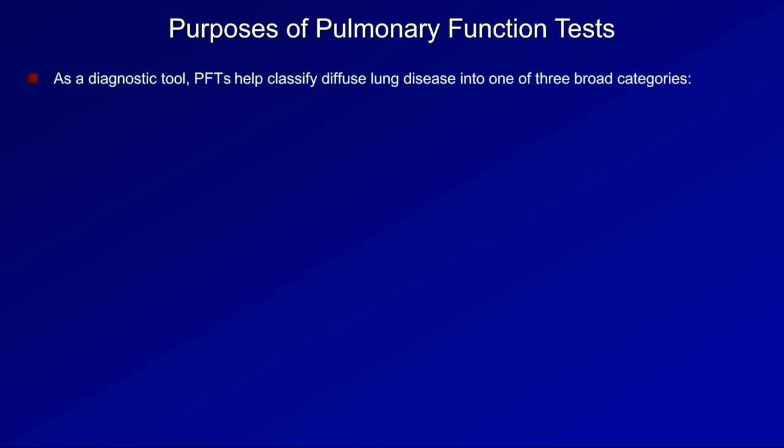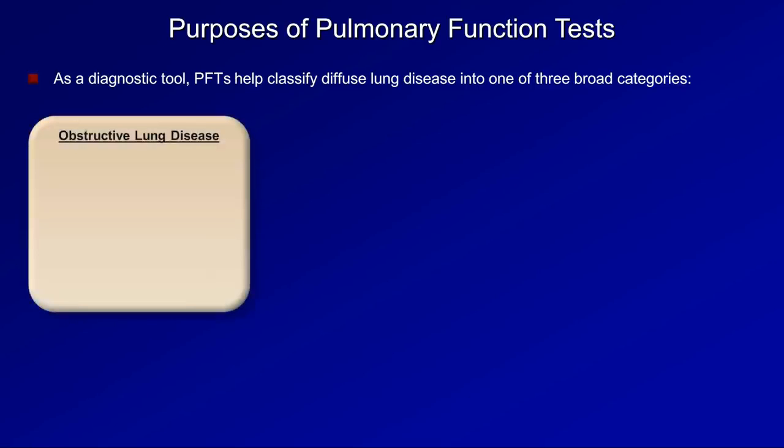As a diagnostic tool, PFTs help classify diffuse lung disease into one of three broad categories. First is obstructive lung disease. This includes COPD, which means anything on the chronic bronchitis to emphysema spectrum, asthma, bronchiectasis, which is an irreversible dilation and destruction of the bronchial tree leading to chronic infections, and last, cystic fibrosis.